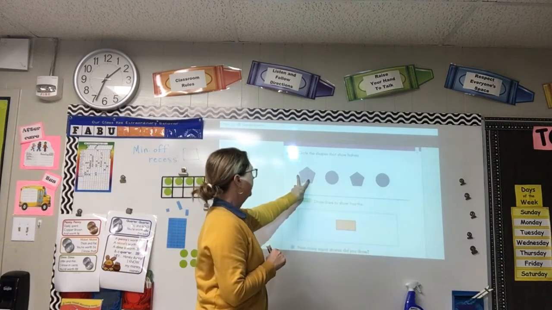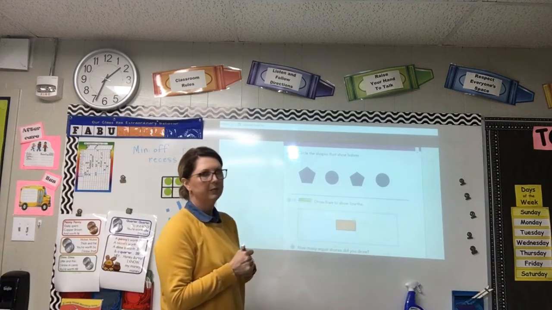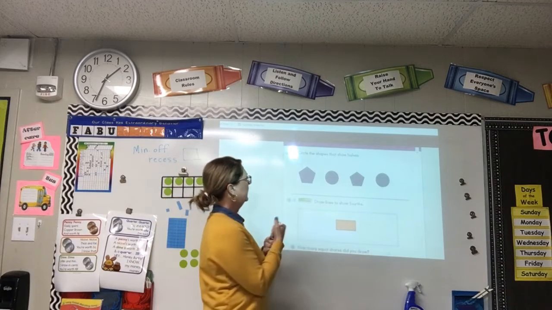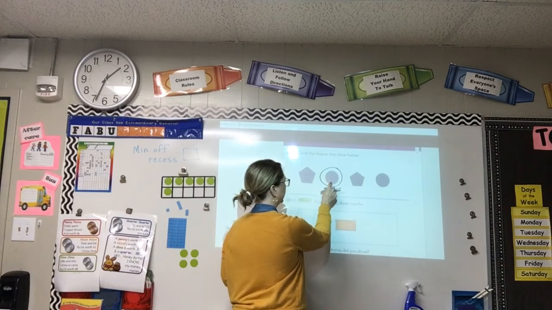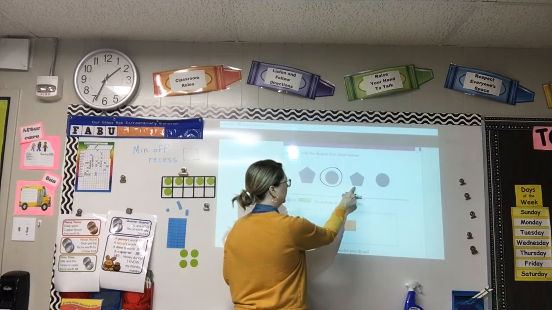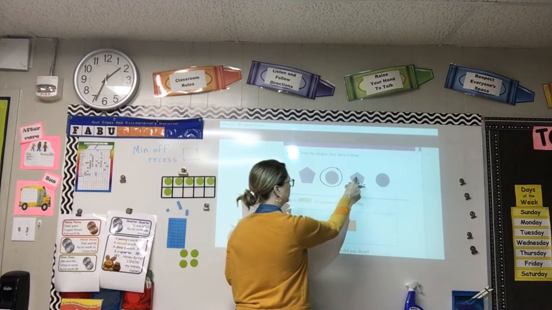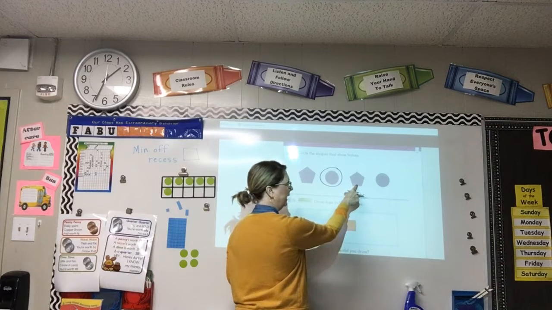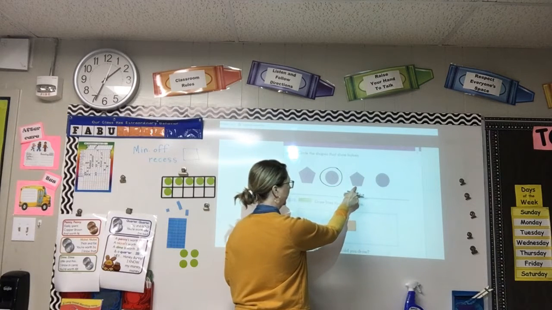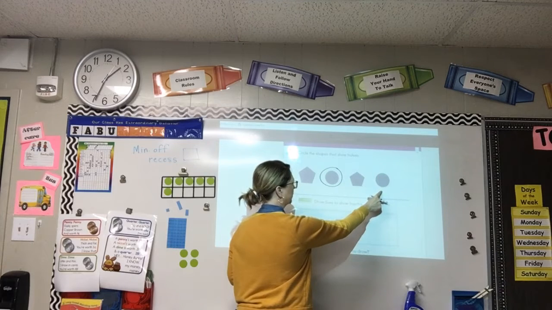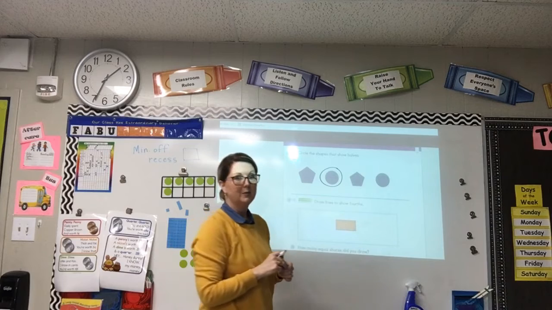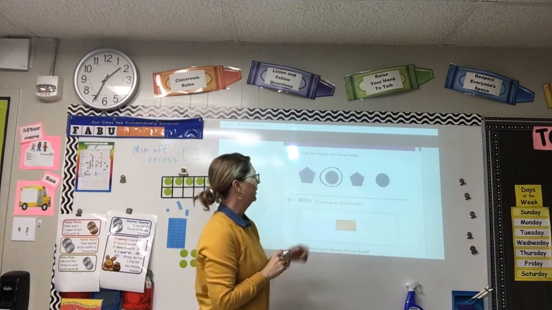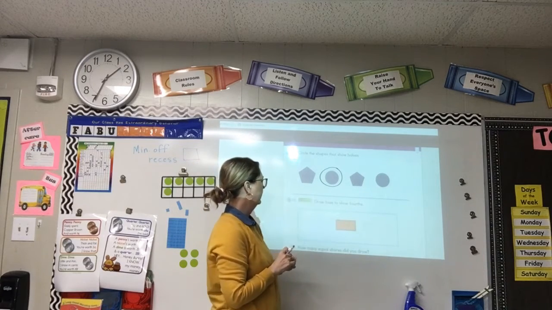So this one has 2 parts, but the 2 parts aren't the same, so that isn't right. The second one is a circle with a line of symmetry, and its parts are the same, so that does show halves. This shape, 1, 2, 3, 4, and they're not the same, so that's not right. This one is a circle. It is divided into 2 pieces, but the 2 pieces are not the same, so that is not half. So the only one that's half is this one.